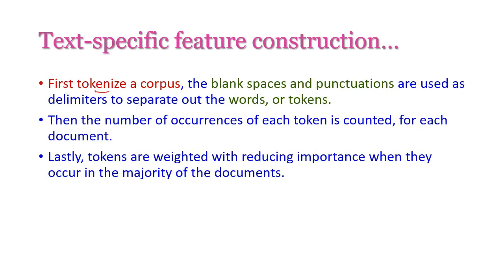First, it starts by tokenizing a corpus or document. Here all the blank spaces and punctuations are used to separate the words or tokens. The words are otherwise called tokens. Whenever a blank space occurs, the preceding characters become a word.